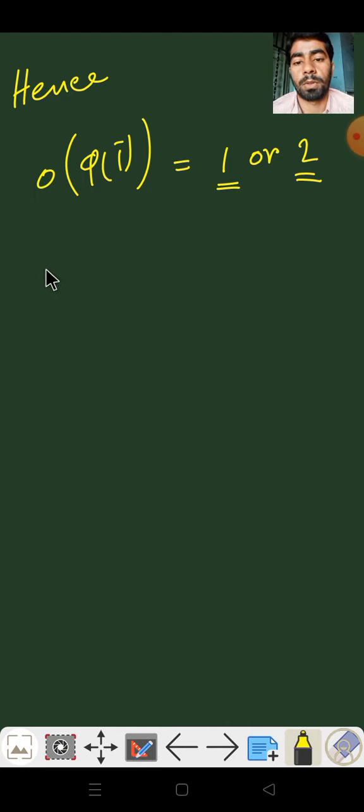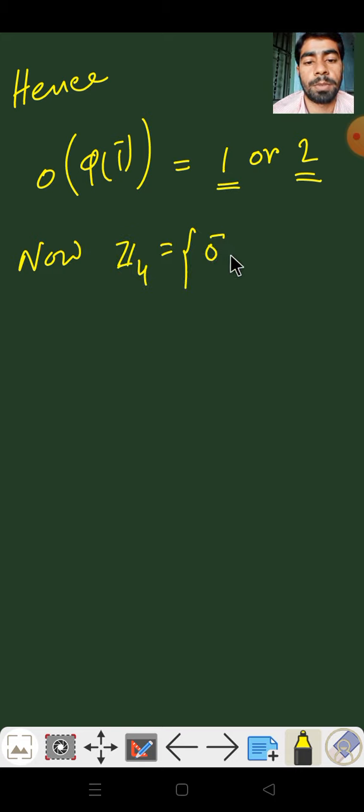So now the elements of Z4 are class of 0, class of 1, class of 2 and class of 3.